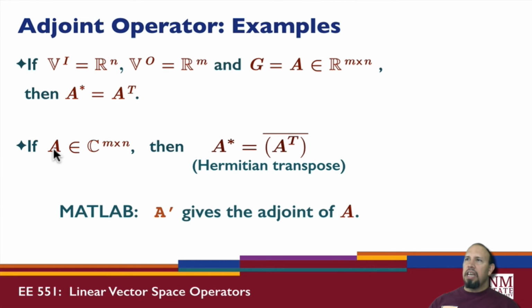If A is complex, then the adjoint operator is the conjugate transpose, what is referred to as the Hermitian transpose. If you have a matrix A defined in MATLAB, A with an apostrophe gives the adjoint of A. So this is the adjoint operator.